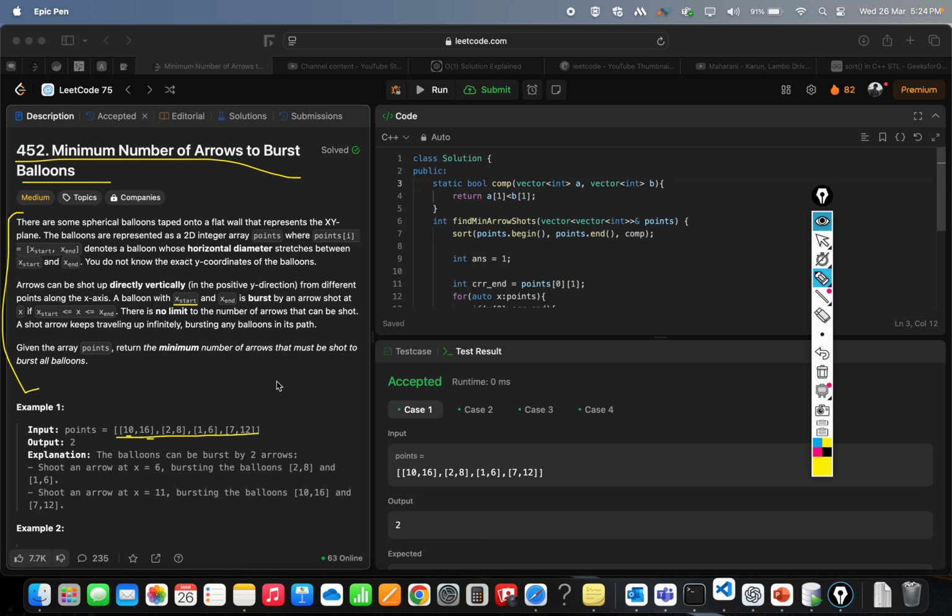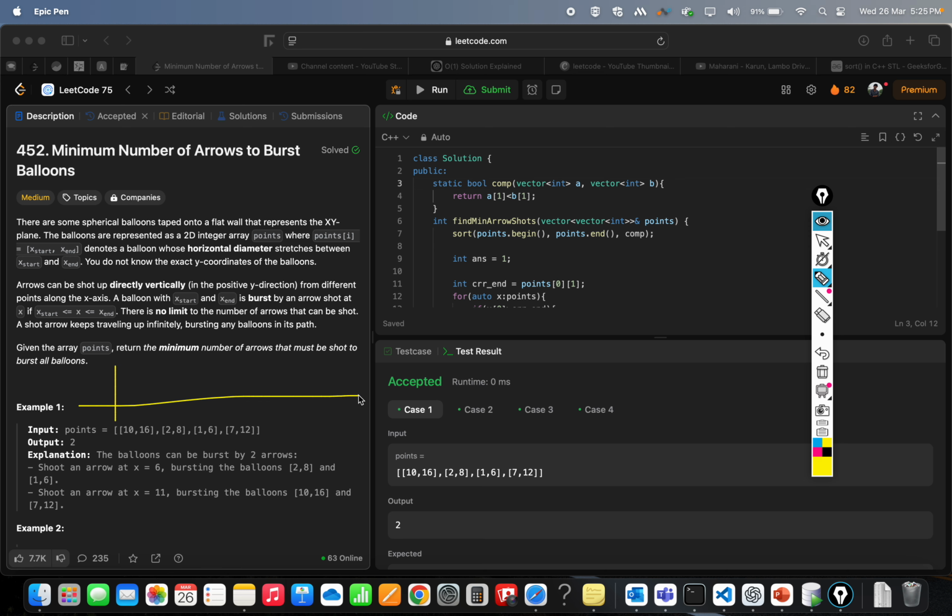And if at any x the arrow is present in this range, this balloon will burst, right? Similarly, we have to throw an arrow in this range 2 to 8 so as to burst this balloon. So our target is to burst all the balloons with the minimum number of arrows, right?